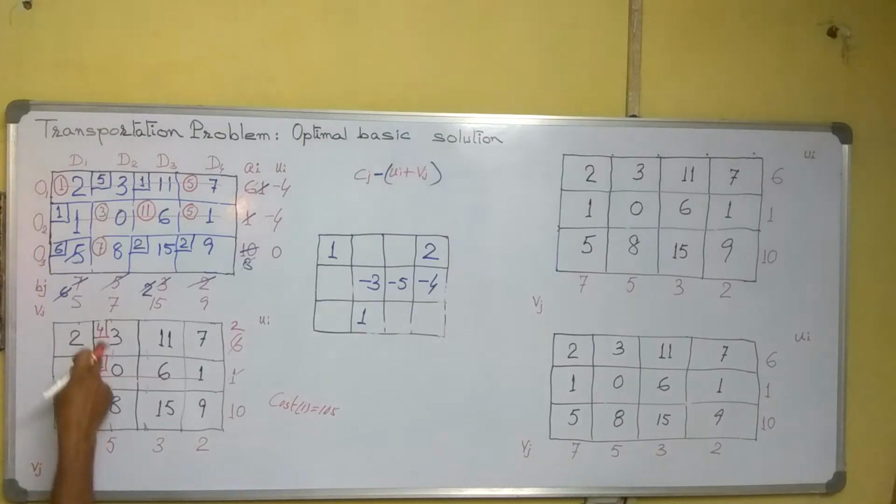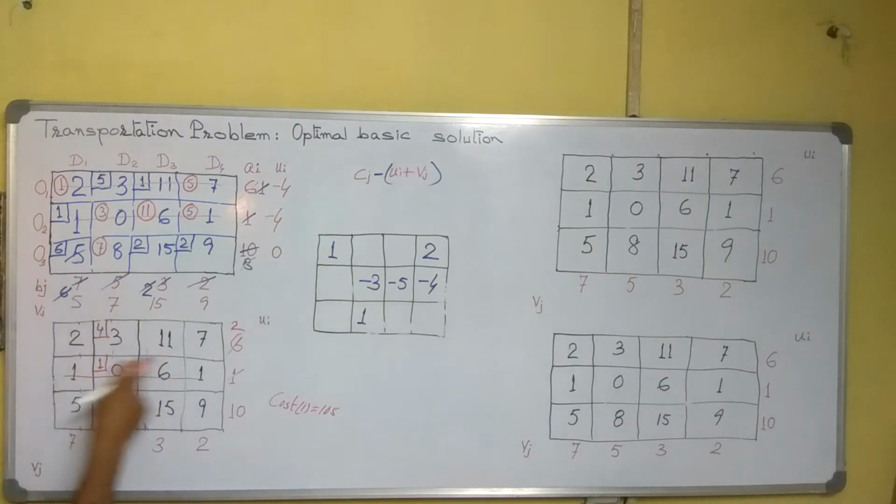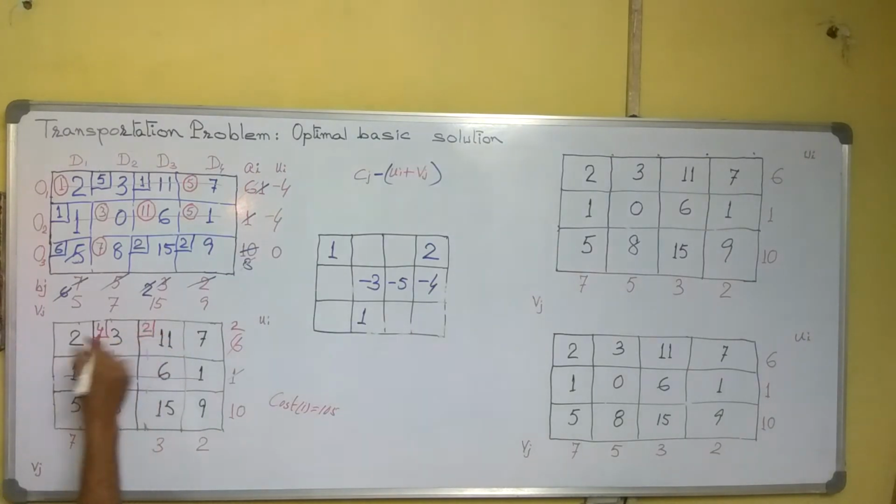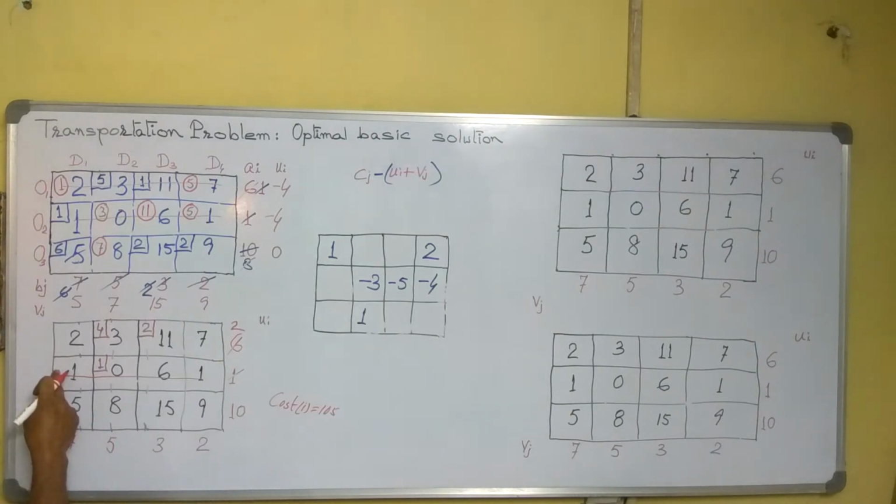Now in this we can check it. Here it was 6, we have allotted 4. And here 1 was there. To make it correct, now we will allot 2. 4 and 2 is 6, 4 and 1 is 5. Here 1 was there, we cannot allot, so we can allot here 7.